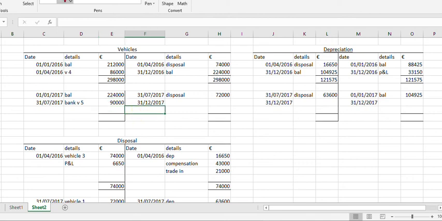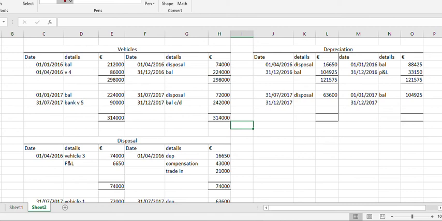So now we can balance the vehicles account, add up both sides. Clearly again this side is bigger, 314,000 it adds up to. So the balance which would be carried down is 242,000. That's done. Vehicles done, disposal done.